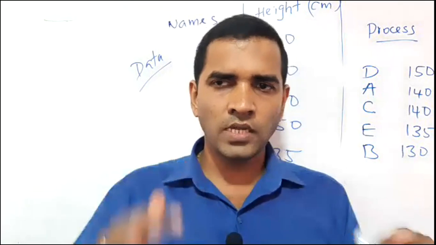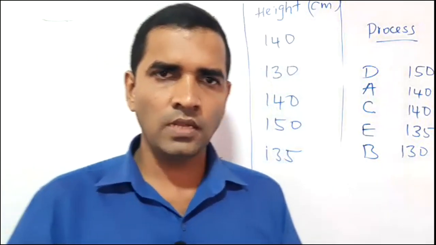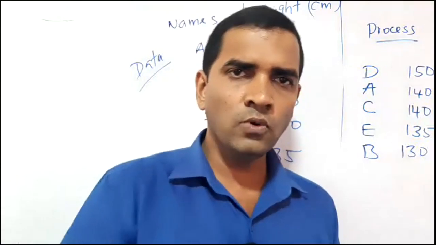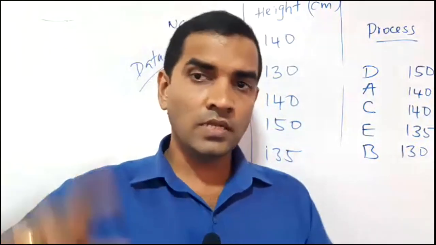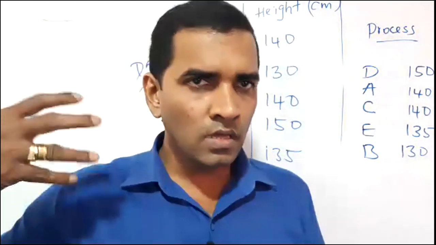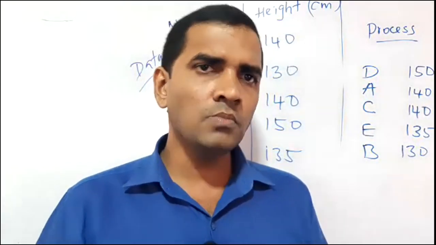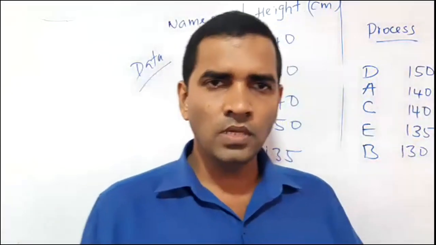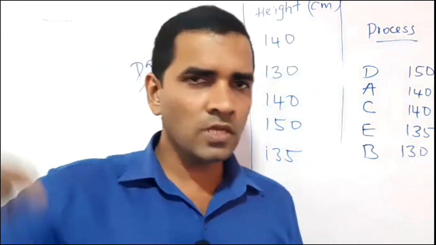So now you should understand, as a student, that data is not restricted to a food item or number. That's the reason why I use the word anything. Data are unprocessed materials about anything. So it can be a food item, it can be a number. I can tell you some other things.